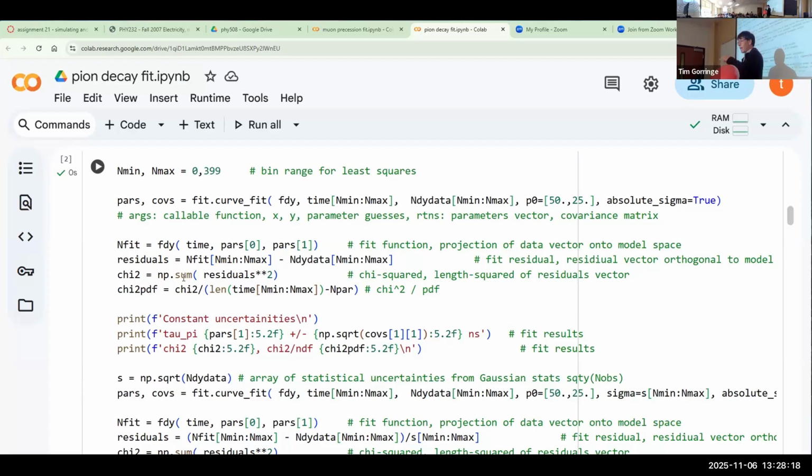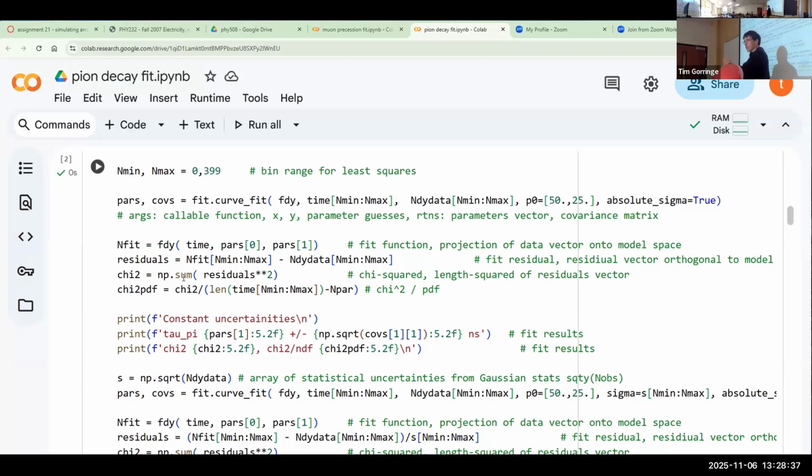You can think of the best fit as a projection of the data onto the model space. So this vector here is a projection of the data in the data space onto the model space.